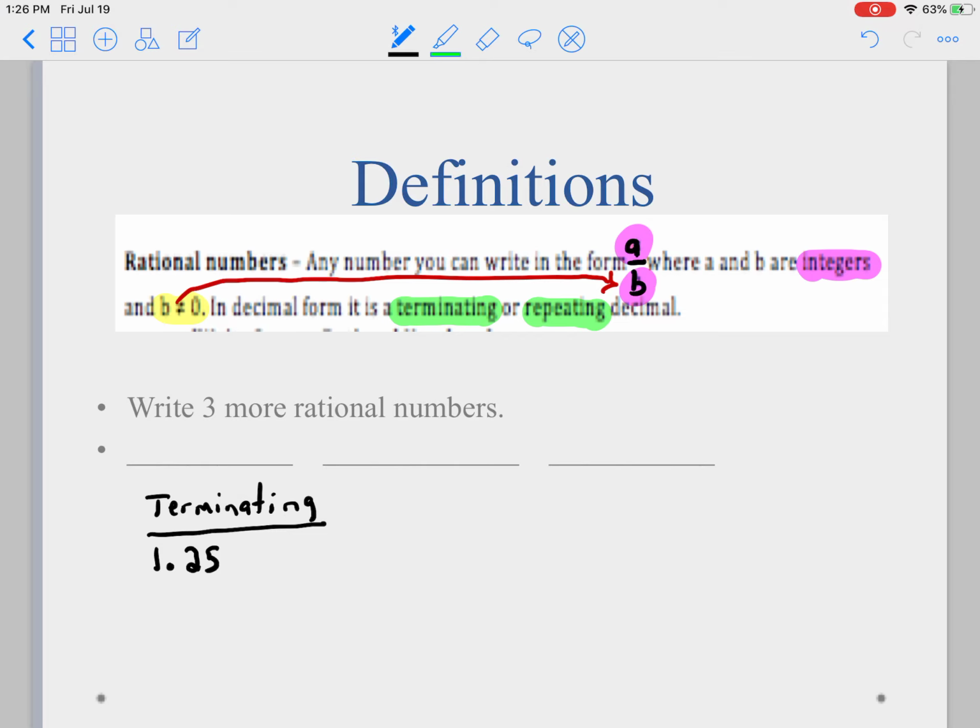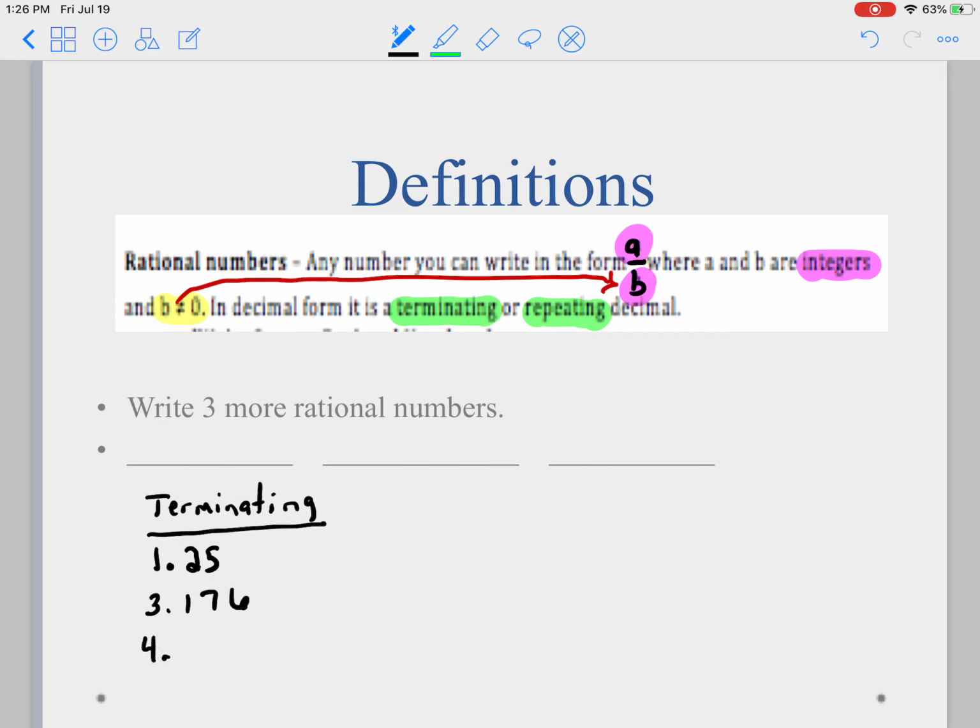It does not have any additional numbers after it. And so we call this a terminating decimal. That does not limit us to just 2 decimal places. It can be any number of decimal places. I could have just as easily written 1.76. That is also a terminating decimal.